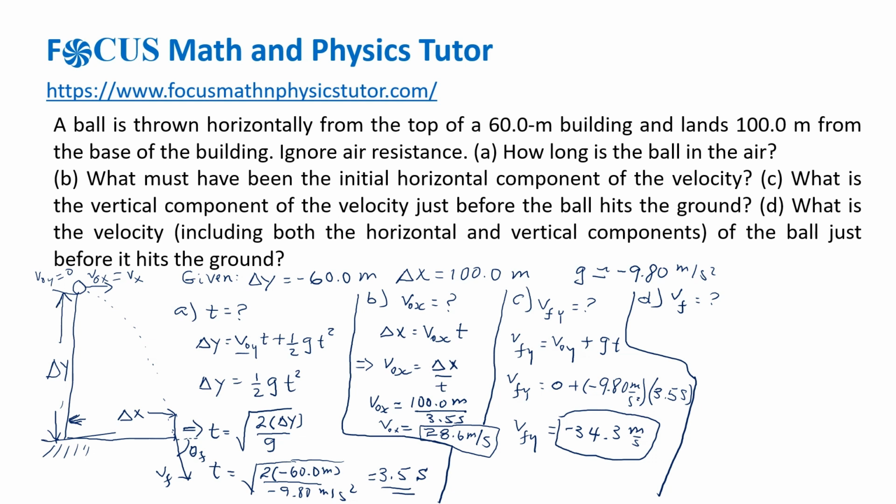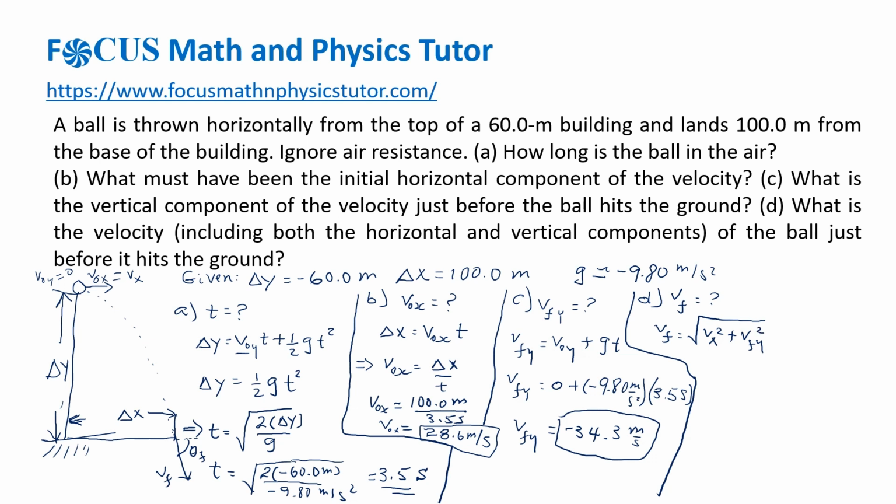So the v final has both x and y components. Okay, so v final is equal to the square root of the x component squared plus v f in the y direction squared.